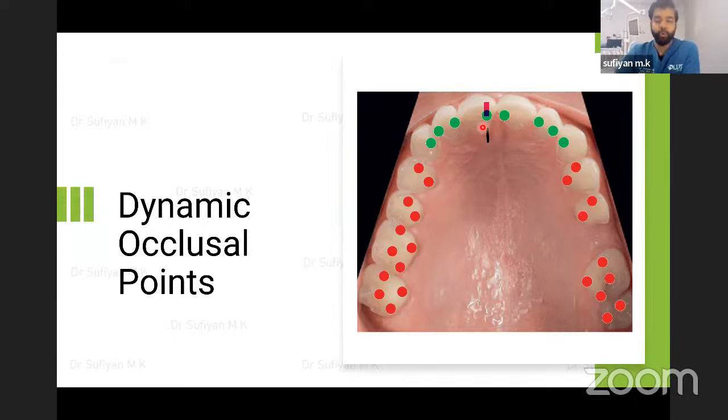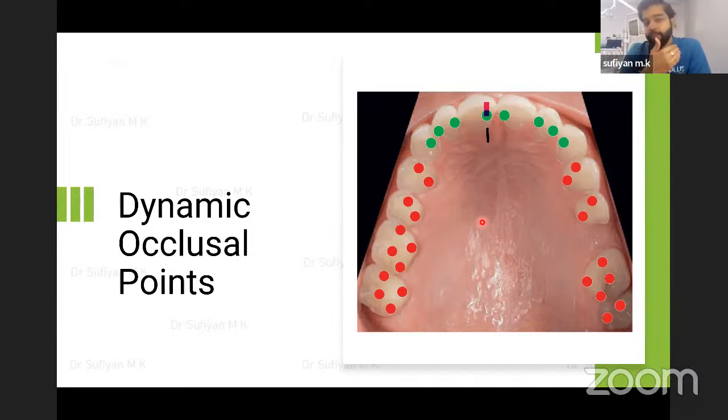Such a tooth is overloaded, and within a span of time, the consequences will be seen in this tooth. That is mobility, migration, attrition, or it might fracture, or it will go for extraction. So anytime you replace the anterior or the posterior, make sure the anterior guidance is always there in the patient and it is not overloaded.